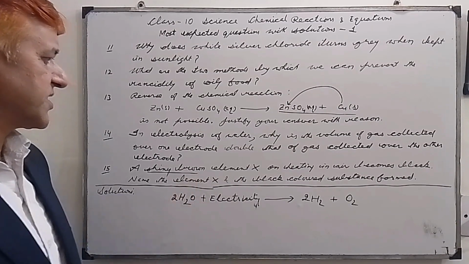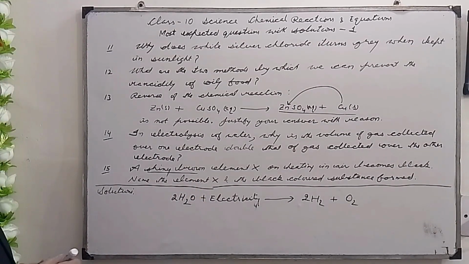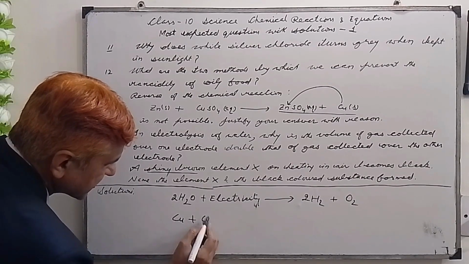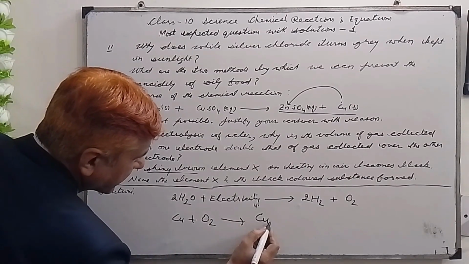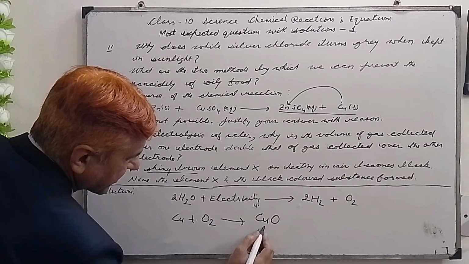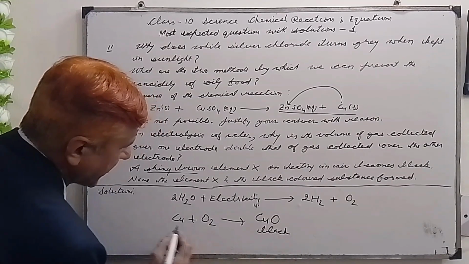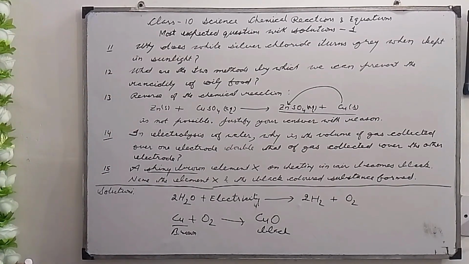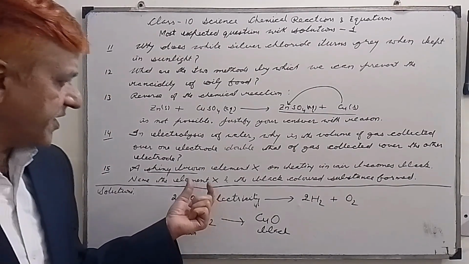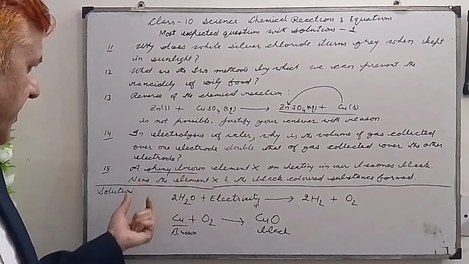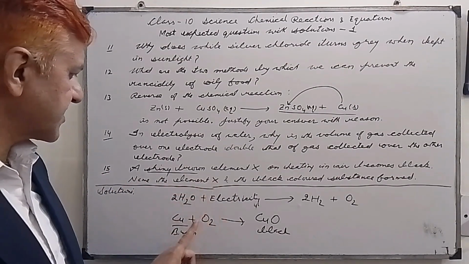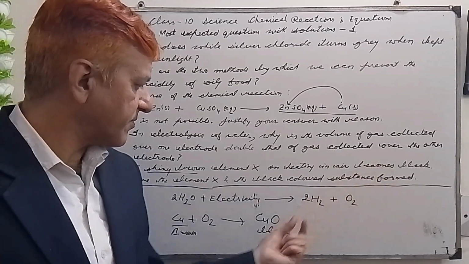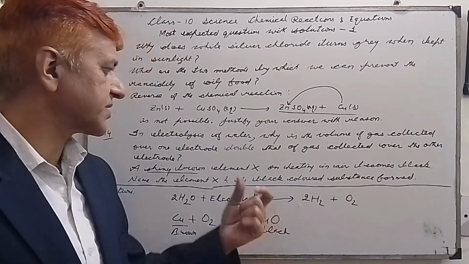This is the reaction between oxygen and copper: copper plus oxygen is equal to copper oxide. This is black in color and copper is brown in color. So X is copper and the black colored substance formed is copper oxide.